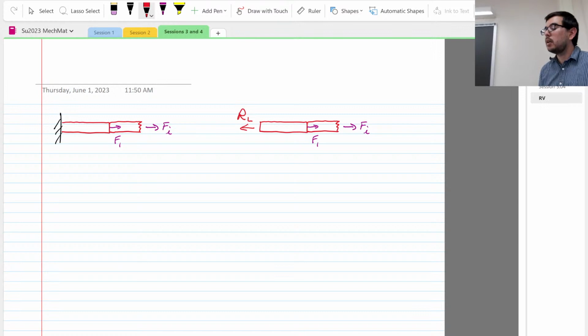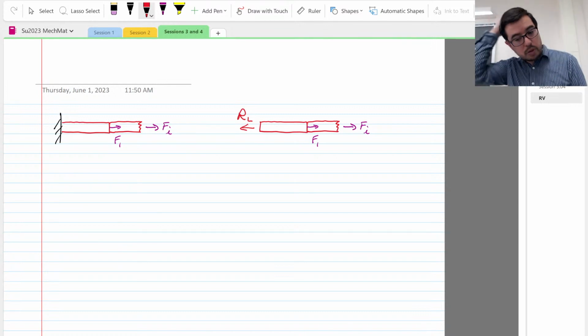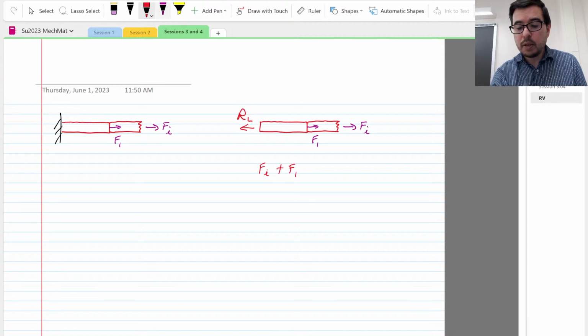So the internal force right here, the way I've defined RL at least, is going to be Fi plus F1 minus RL equal to 0.